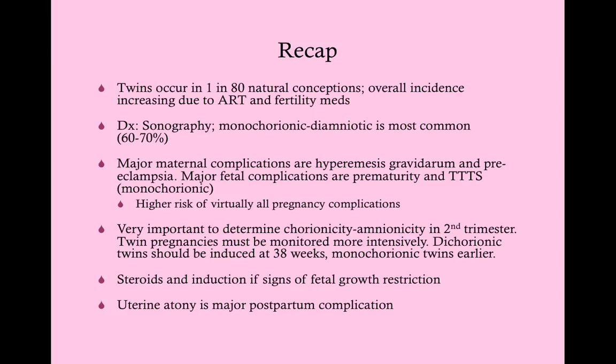Dichorionic twins should be induced at 38 weeks. Monochorionic twins are induced earlier. Steroids and induction should be done if there are signs of fetal growth restriction, and uterine atony is the major postpartum complication for mom.